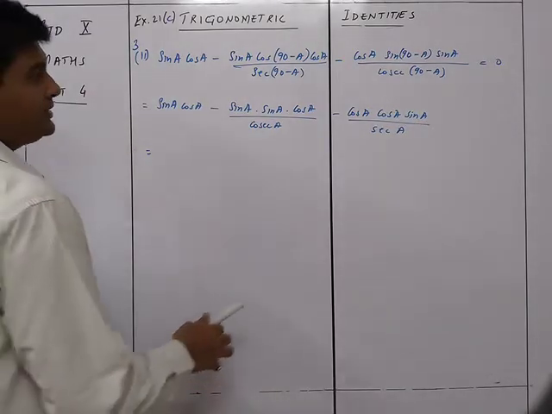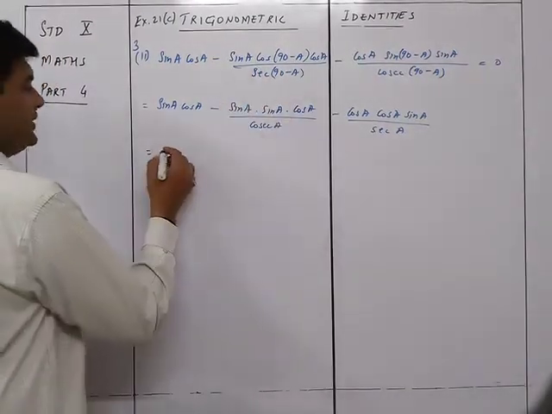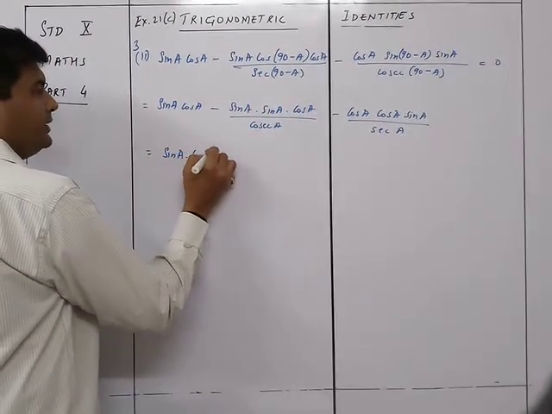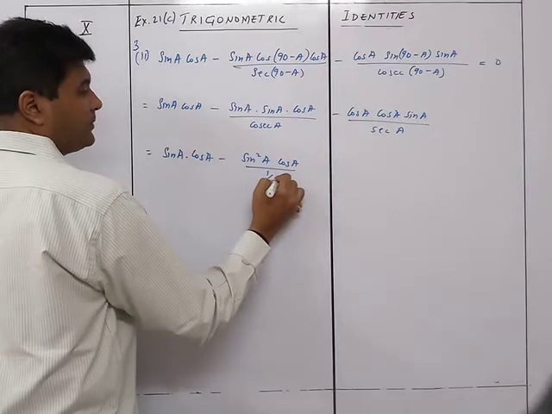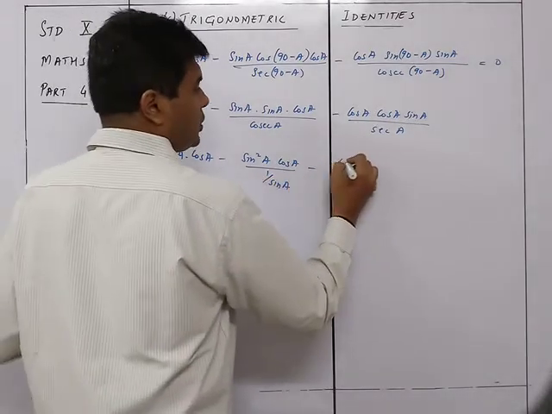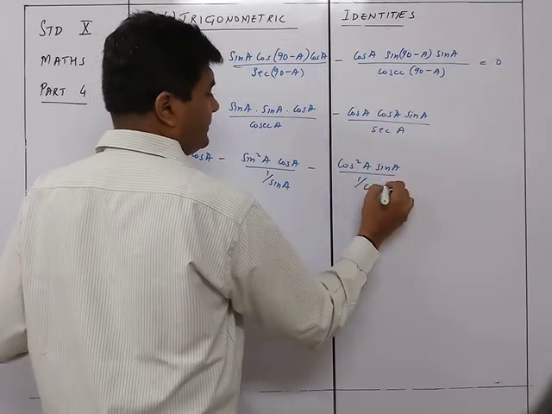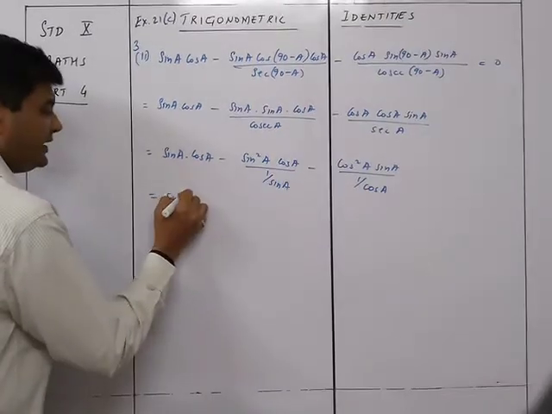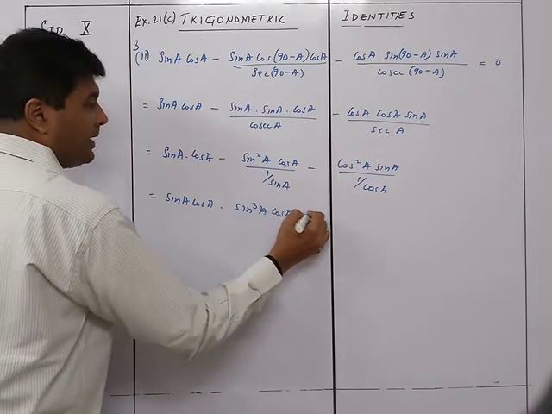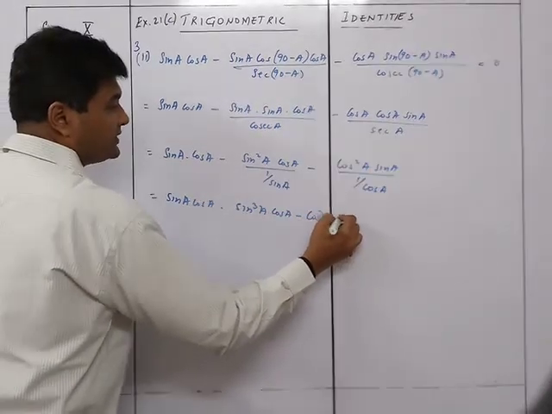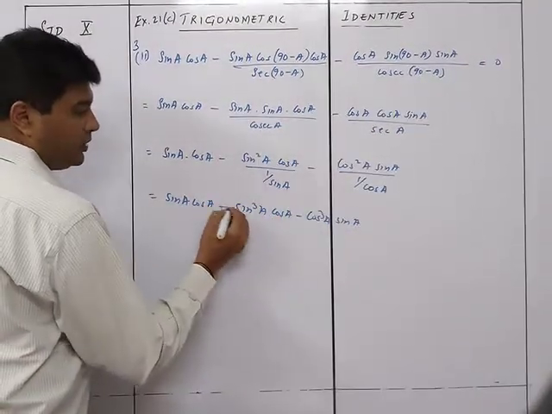If you take the LCM over here, this is nothing but 1 upon sin A, so sin goes here. So it is sin A cos A minus sin square A cos A upon 1 upon sin A, minus cos square A sin A upon 1 upon cos A. So this becomes sin A cos A minus sin cube A cos A minus cos cube A sin A. Again sin A cos A will be common between the two.